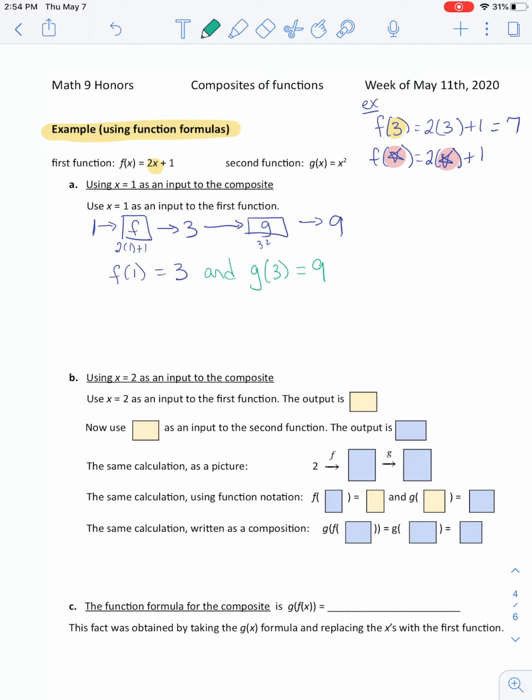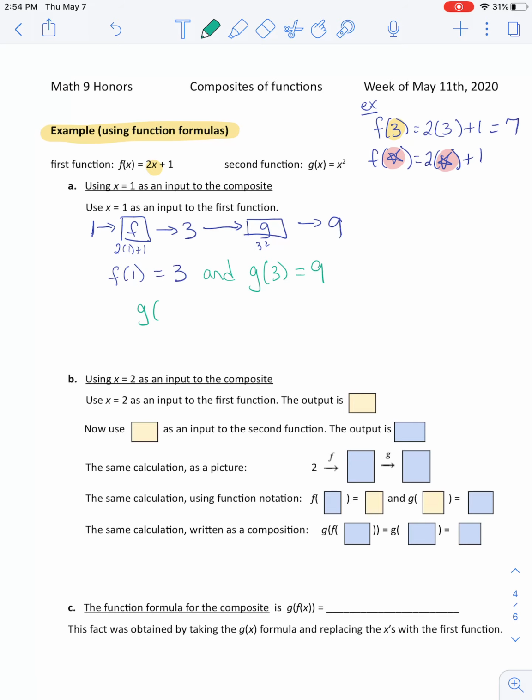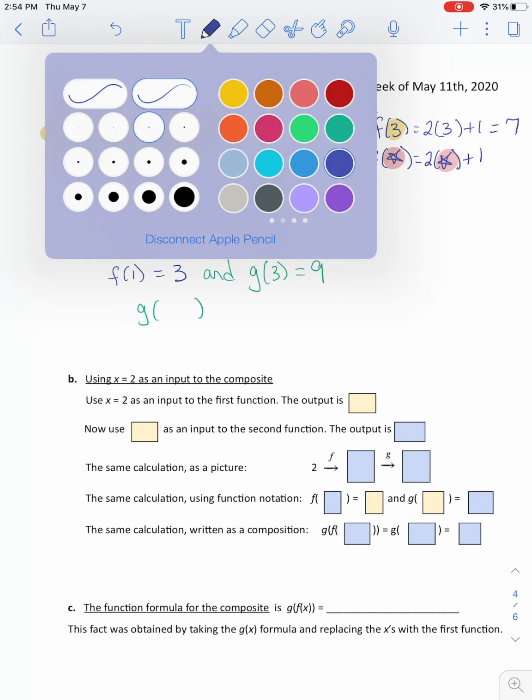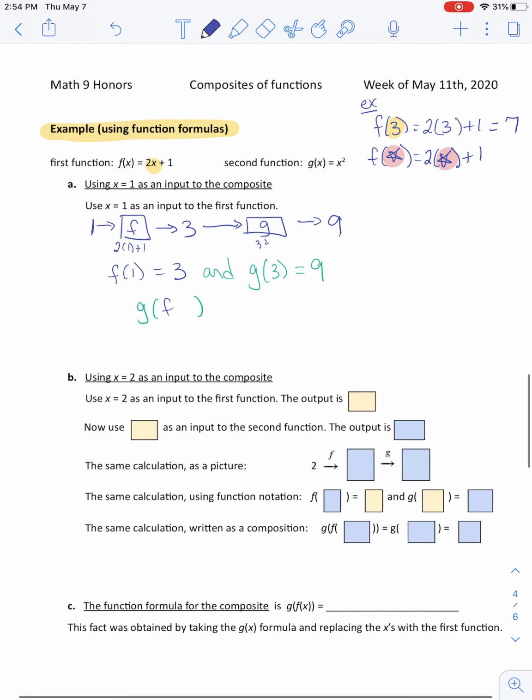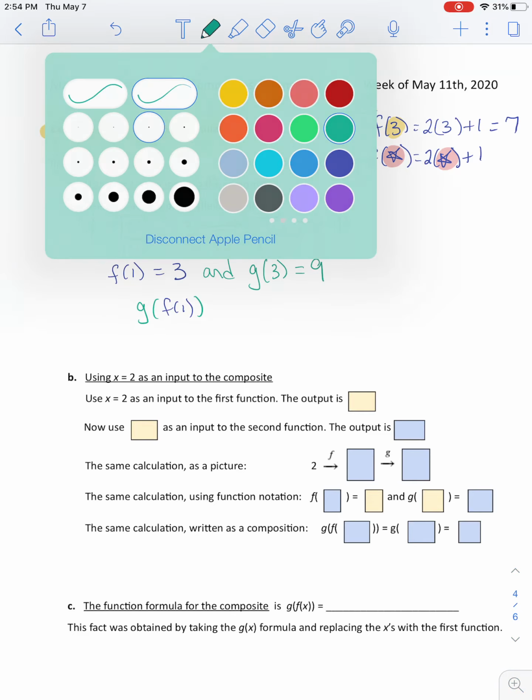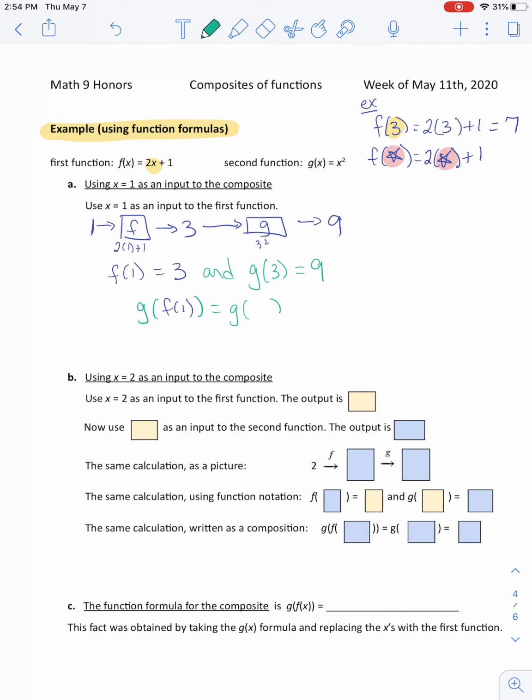Then I can use a composite function because I'm actually putting these all together, and I can say that I did g of something, and that something was f of 1. Basically what that means is I did g of 3, because f of 1 equals 3, and all of that equals 9.